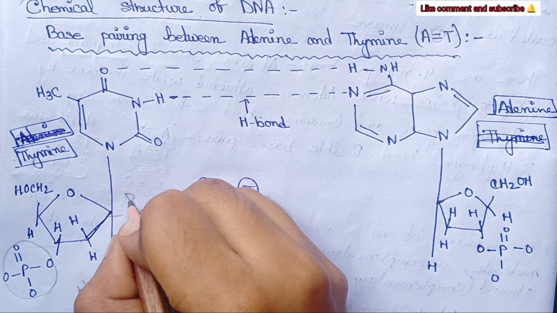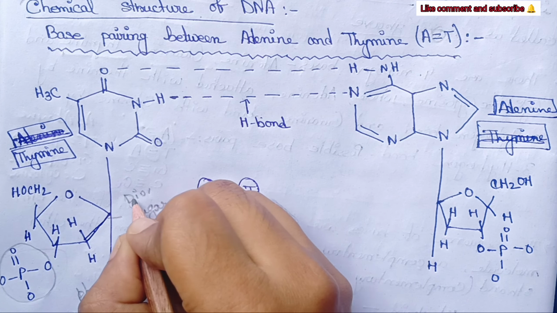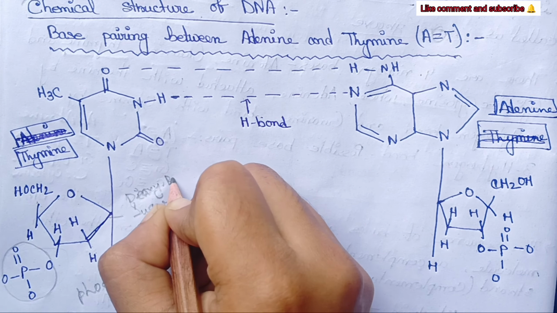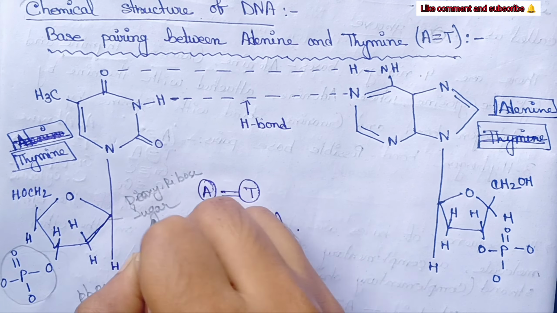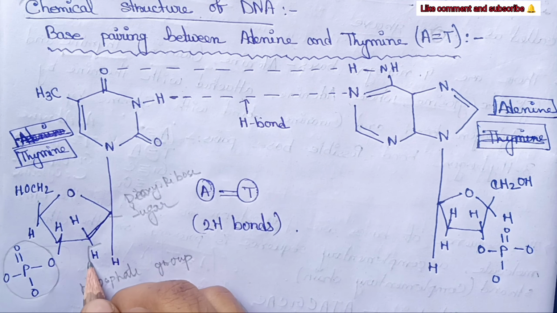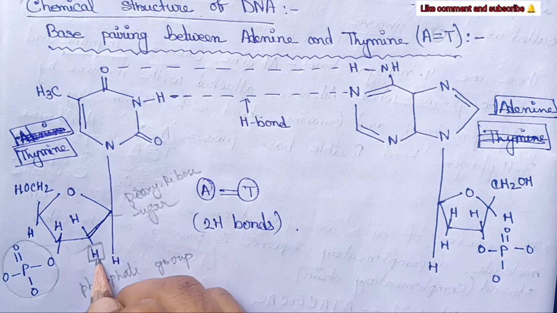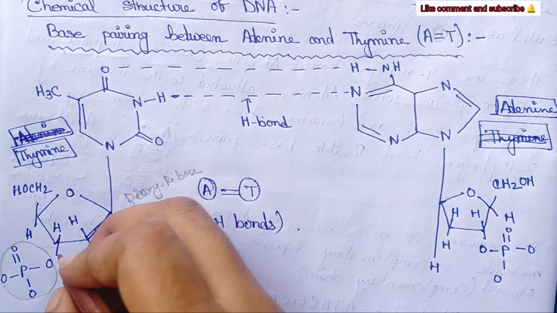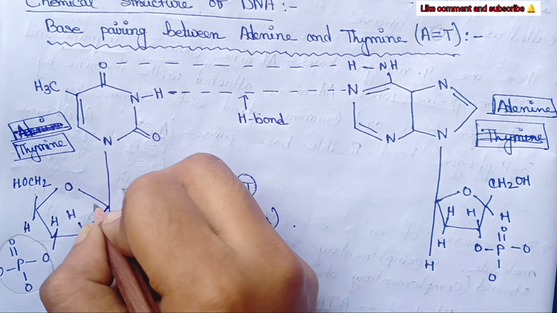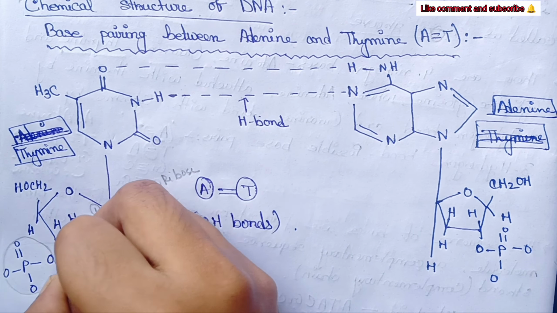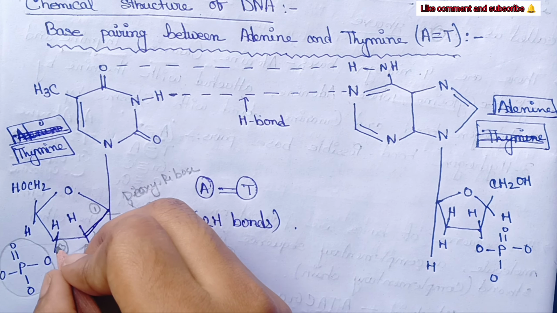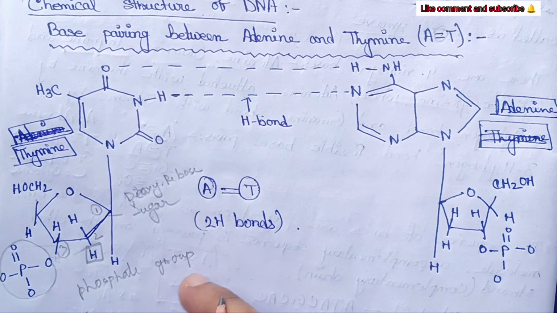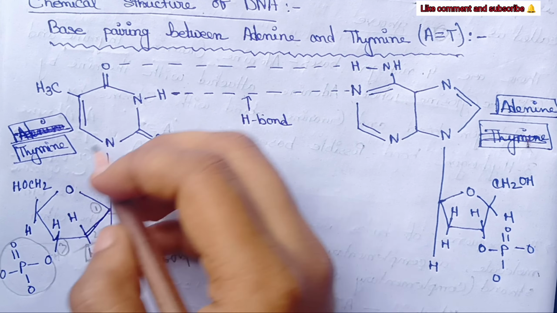This is a deoxyribose sugar molecule, because in this there is only a hydrogen, and in this structure there is 1, 2, 3. So on the 3 carbon there is a free OH group, where the phosphate group is attached to the sugar.